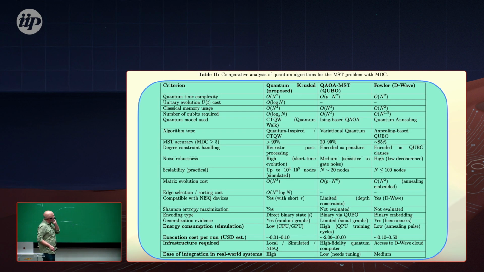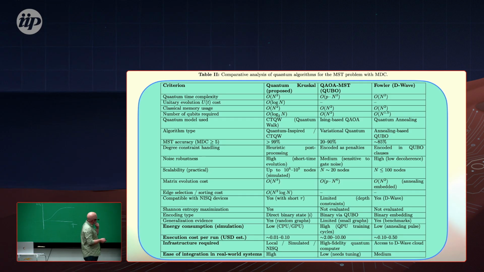Okay, so in general, I have this map. I will not talk about all of this, but of course, I'm talking about the scalability of this problem and the complexity in general. But you can also compare other properties.